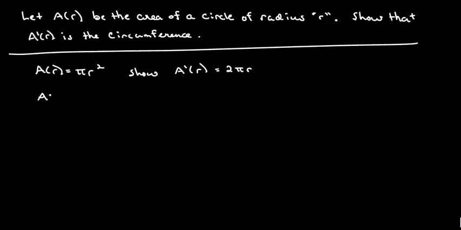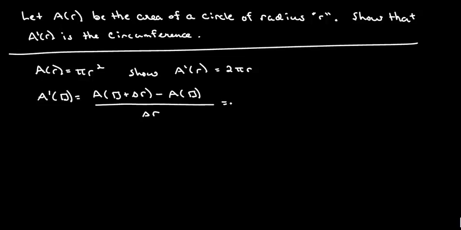So it's going to be A prime as a function of something is equal to the original function evaluated at something plus a small change in the variable, minus the function evaluated at that something, over that small change in the variable.